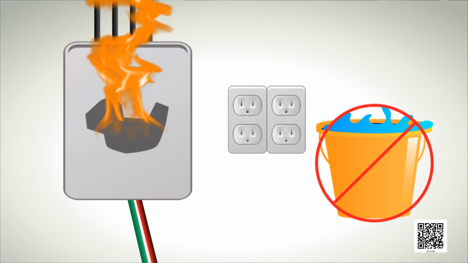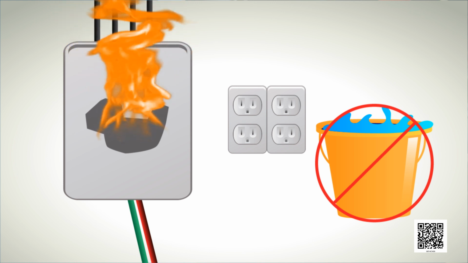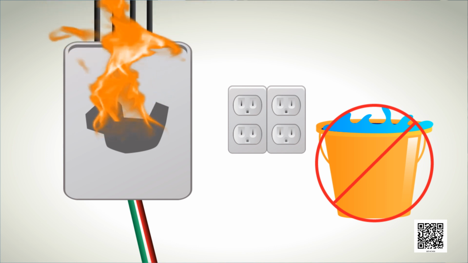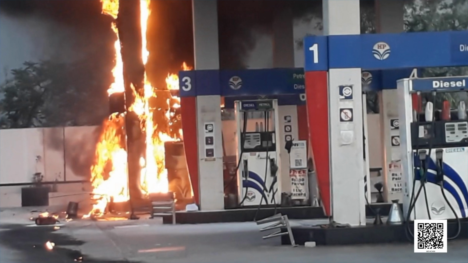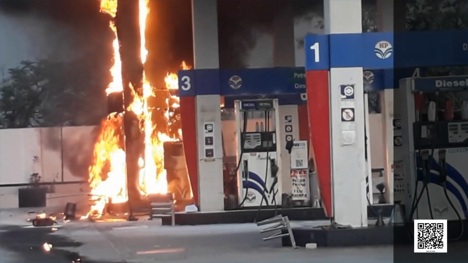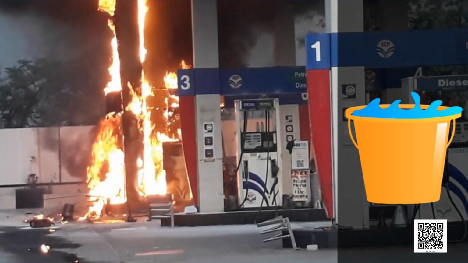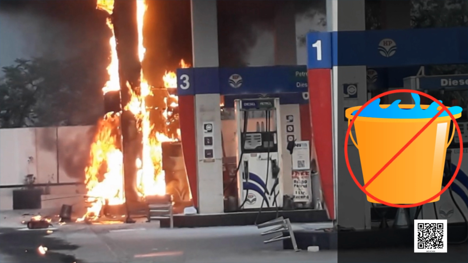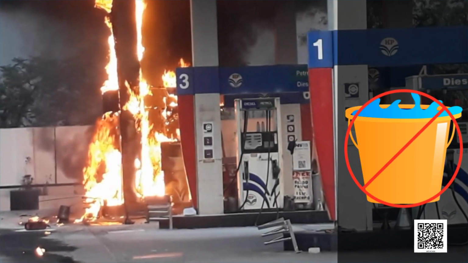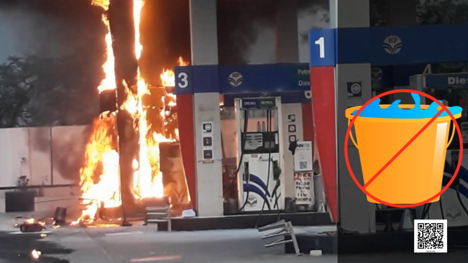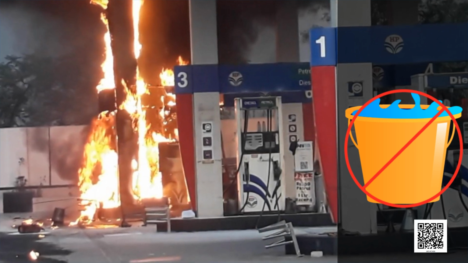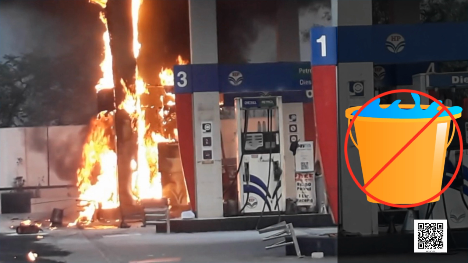So it can cause electric shocks to the people involved in firefighting operations. Similarly, water cannot be used to put out fire caused by burning of oil or petrol because water, being heavier than oil, settles down at the bottom.